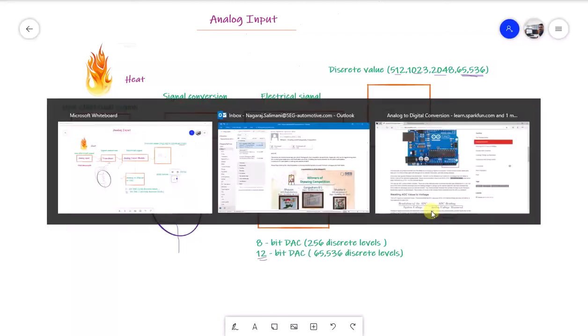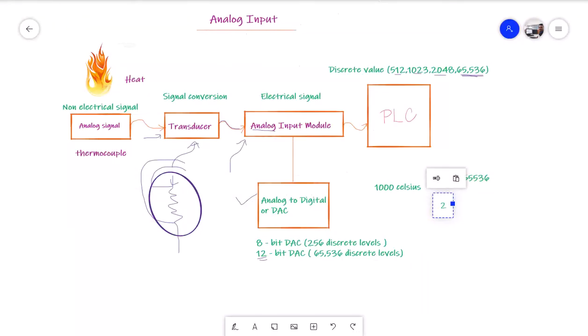Sorry, it was 0.001 degree Celsius. So these small changes can also be detected by this 12-bit resolution digital to analog converter.